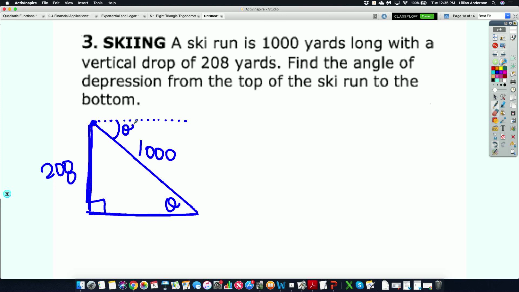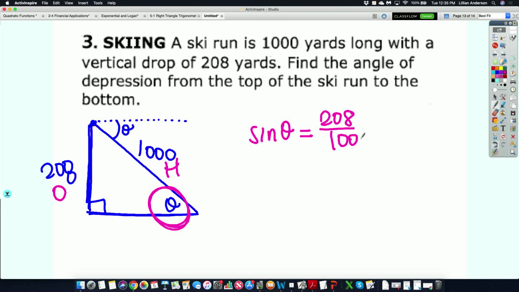That 1,000 is which side? The hypotenuse. The 208 is the what? The opposite, based off of this acute angle. Which trig ratio has opposite over hypotenuse? Sine. So this is the sine of theta equals 208 over 1,000.